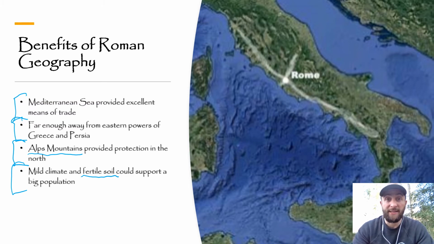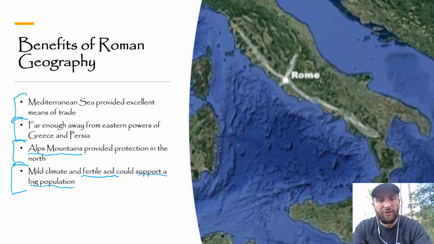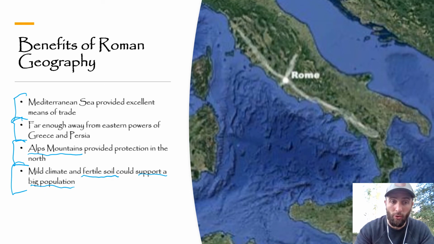So, in many cases, the Greeks got on ships and settled and colonized new lands around the Mediterranean Sea. In the case of the Romans, they had a lot of fertile soil surrounding their city. So they could grow a lot of crops and support a large population, which helps to explain why Rome would go on to eventually become the biggest, most populated city in the entire world.